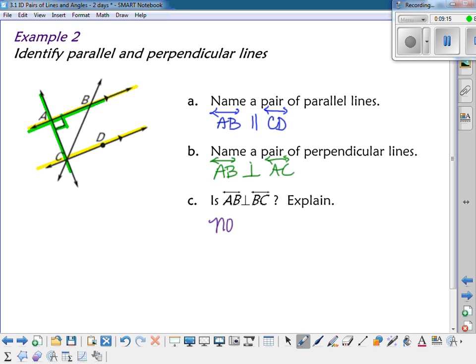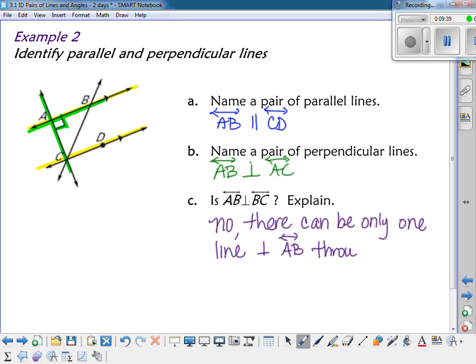So the answer is no. There can be only one line that's perpendicular to AB through point C. So because AC and AB were perpendicular, there's no way that BC could also be perpendicular to it.